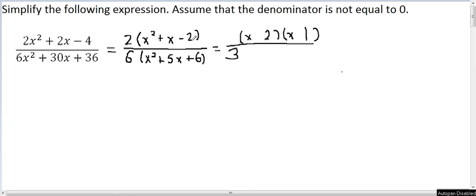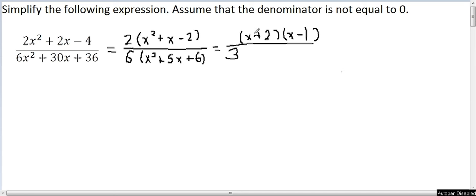Since the sign in front of 2 is a minus sign, one of the numbers here should be positive and the other should be negative. Since the linear term has a coefficient of plus 1, we need to make the bigger number positive. So we make 2 into the positive number.